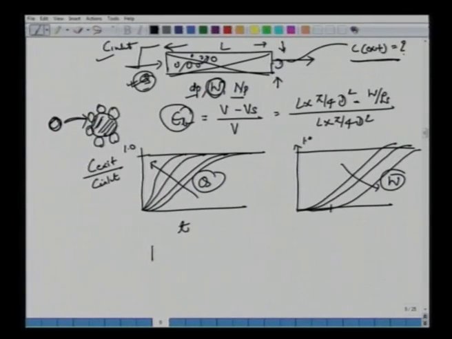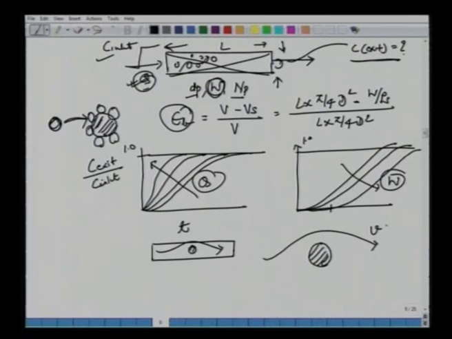Mechanistically, we have a column like this, with one adsorbent, and the liquid or the gas goes past like this. So we have a solid sphere and the flow is like this. Corresponding to this Q, let's say the velocity is V here.